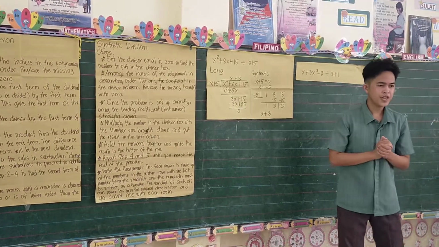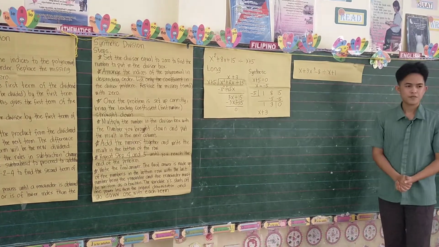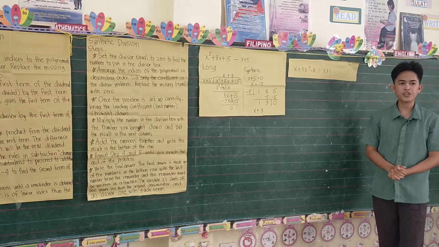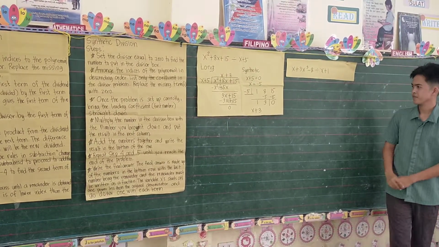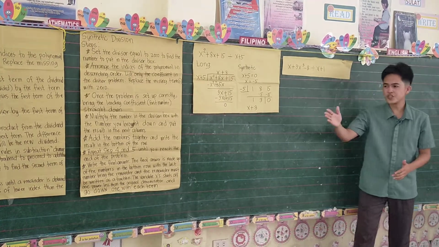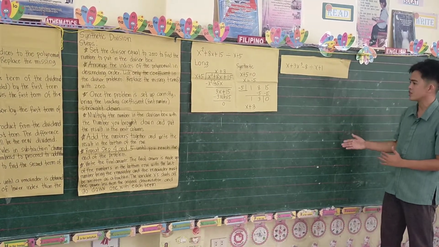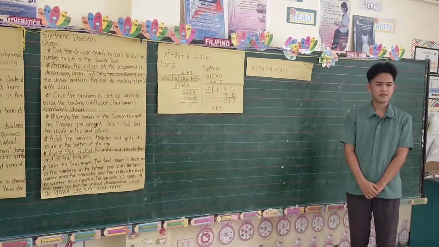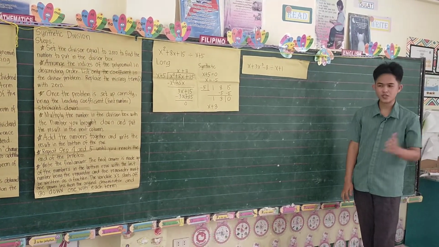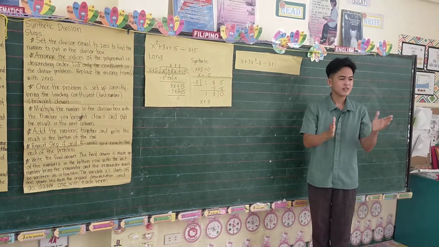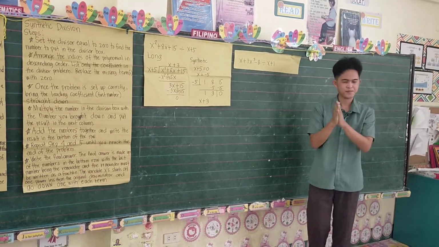Venus, solve on the board how to get the quotient. Very good, Venus, you got the correct answer. Can you explain in front? Listen, class, to Venus. Very good. Give him a round of applause.